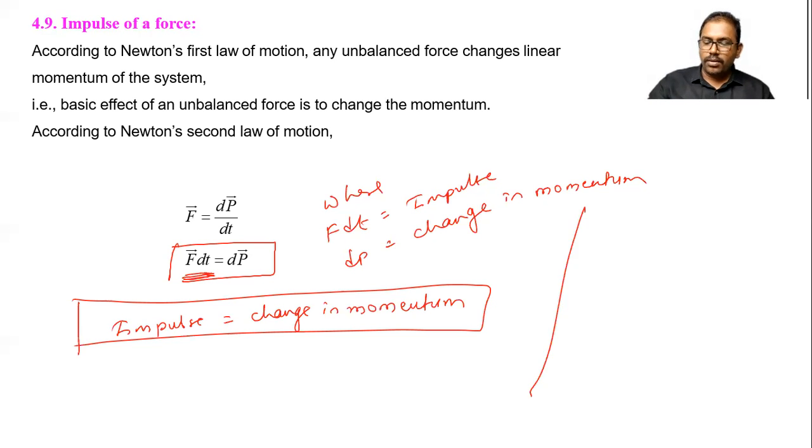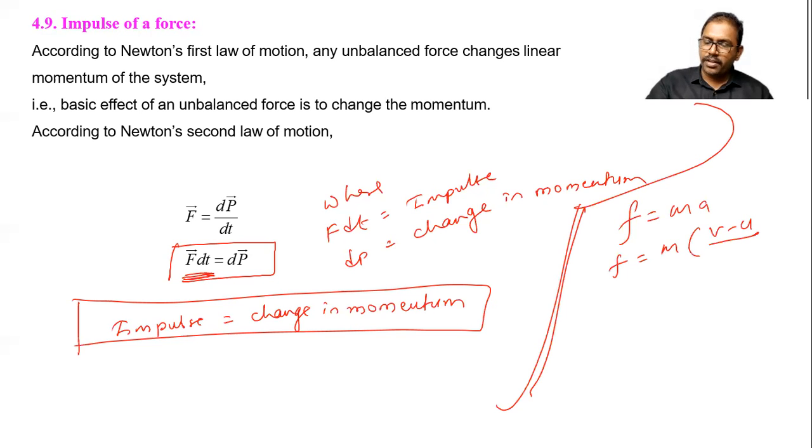Also, the same formula we can write by Newton's second law, F is equal to ma. So F is equal to m, and as a is the final minus initial velocity divided by t, I can shift t to this side. F into t is equal to m multiplied inside, mv minus mu.